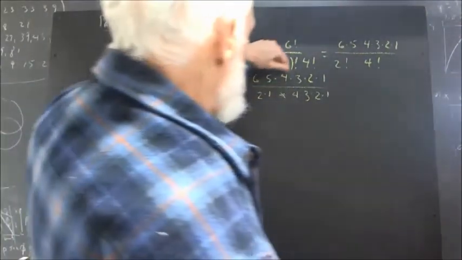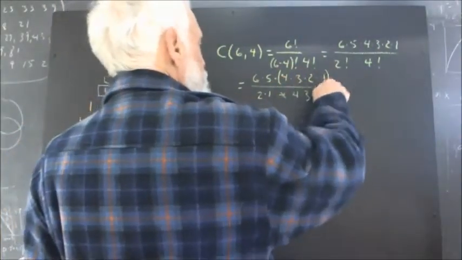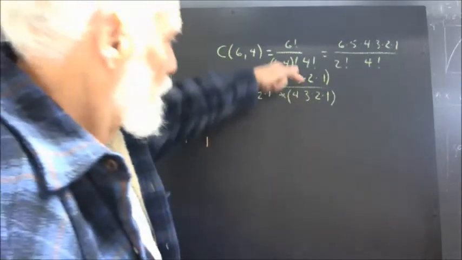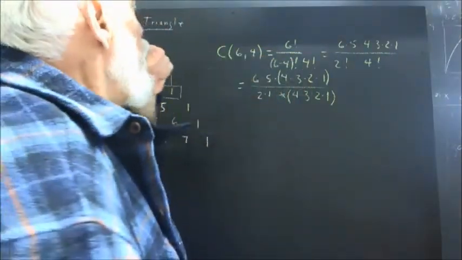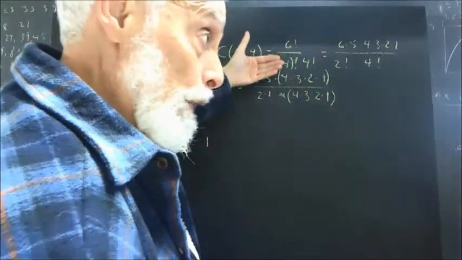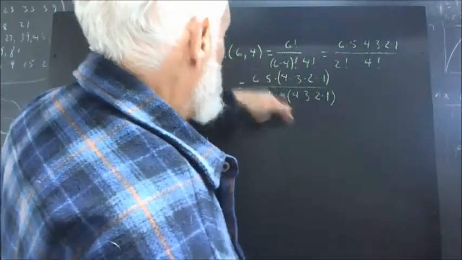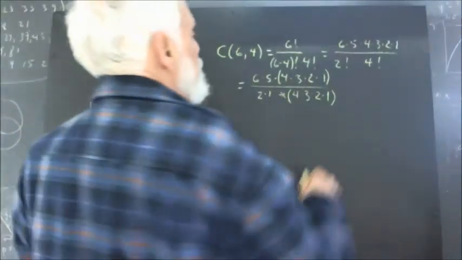Now, 4 times 3 times 2 times 1 divided by 4 times 3 times 2 times 1. We group these and we see that we're going to be dividing this by this, and this is the same as this. When we divide this by this, we get 1. And then we're going to have 6 times 5 over 2 times 1, all multiplied by 1. Multiplying by 1 doesn't change the number.